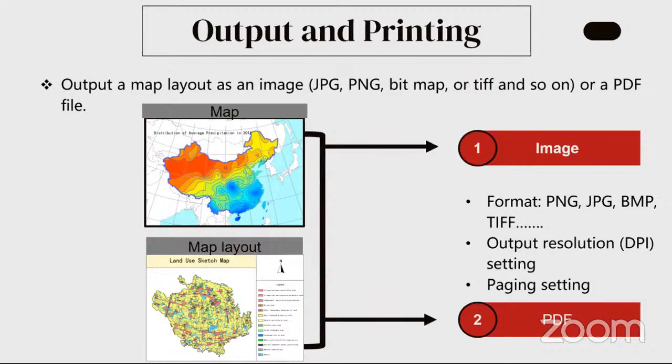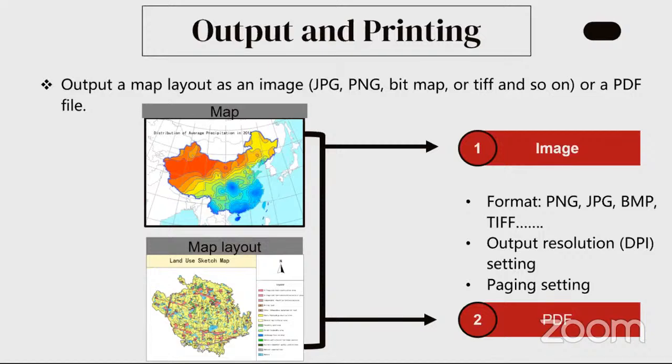Okay, so this is the output of the map layout, where, as I told you previously, we can import or export the map layout into images such as JPEG, PNG, bitmap, or TIFF, and so on. Or you can also export the map into a PDF file.